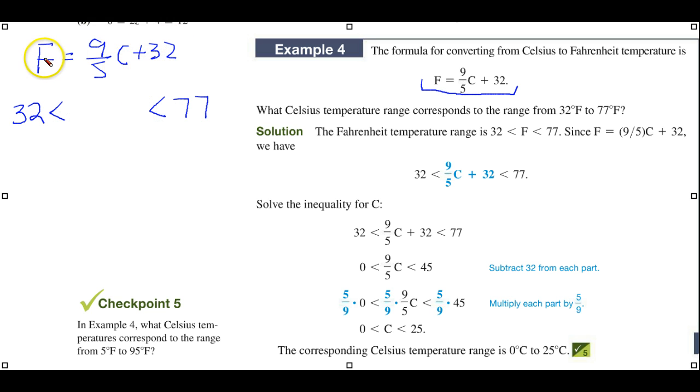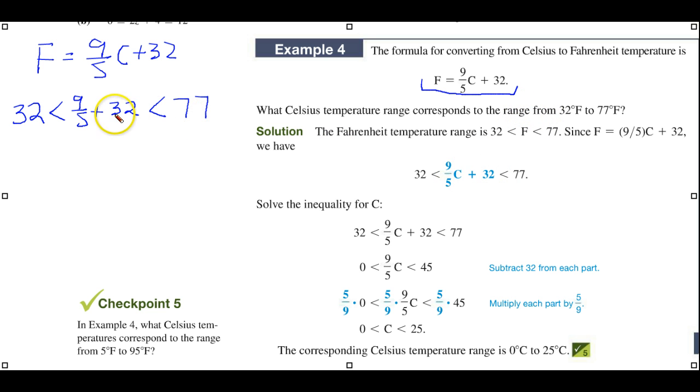And we're going to put the conversion, because we want to find out what C is, right in there. So they've set it up and we've set it up.